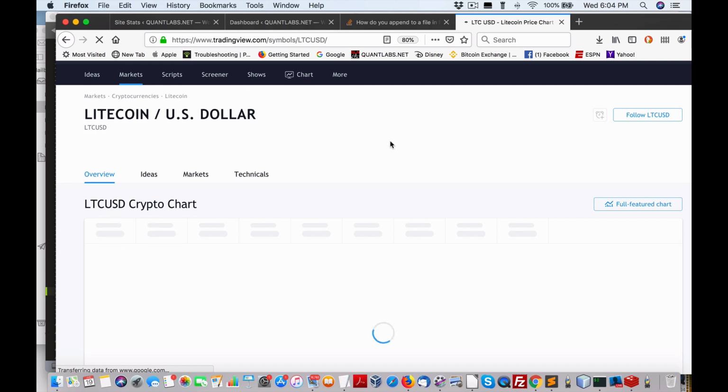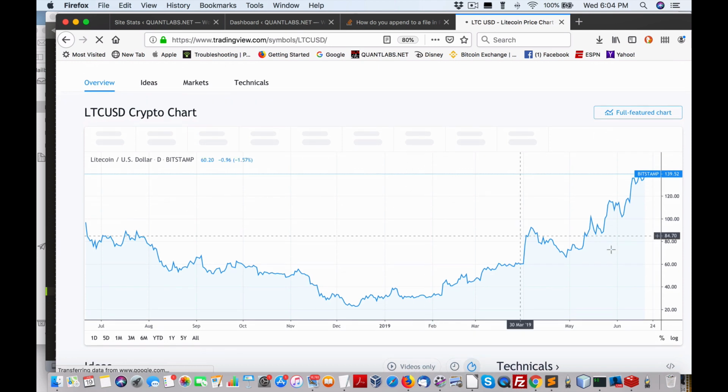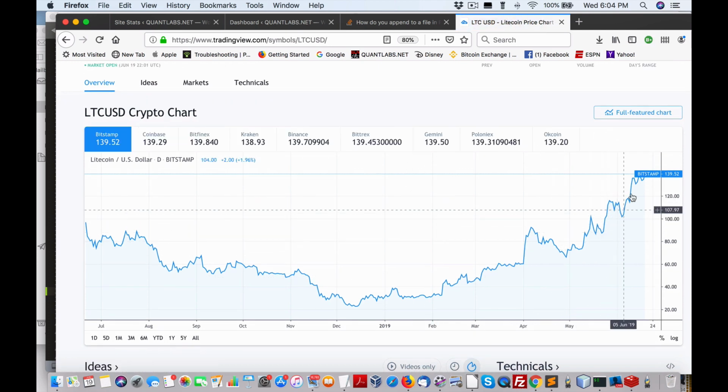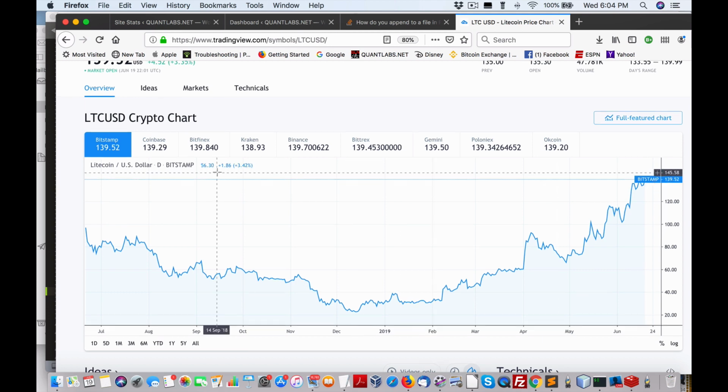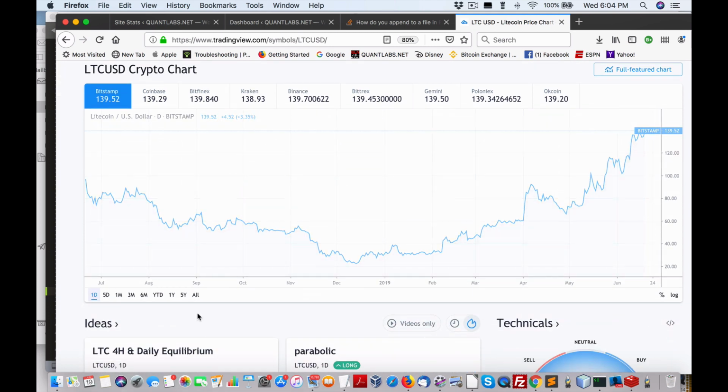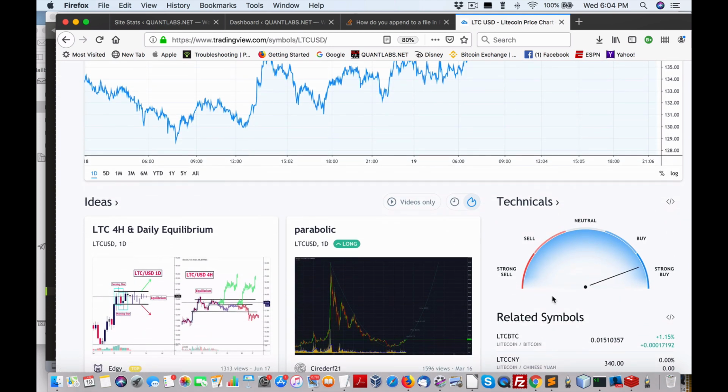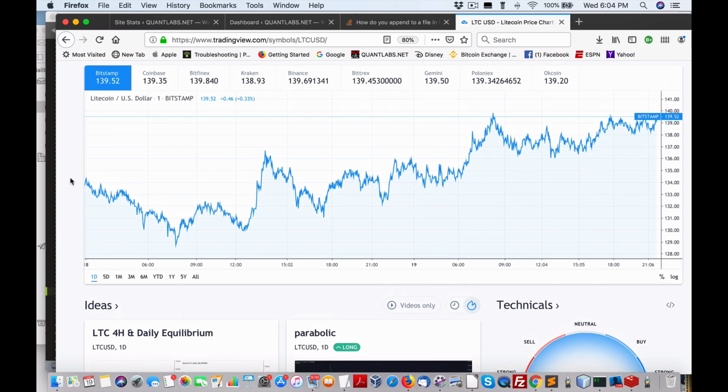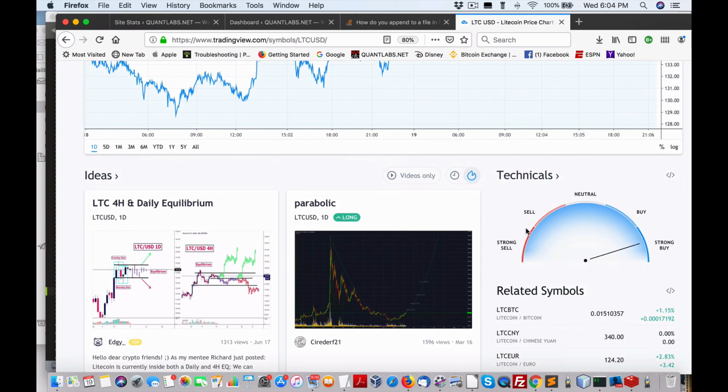So right now, as this loads, you can see the performance that I've talked about up until April, May. But here's a one-day view. So we have a very strong buy right now, and we can also look at the one-day view as well. And this just confirms the theory that this works, and this does work.